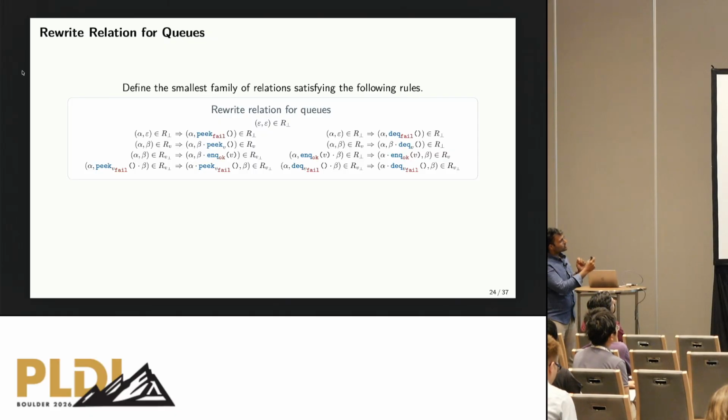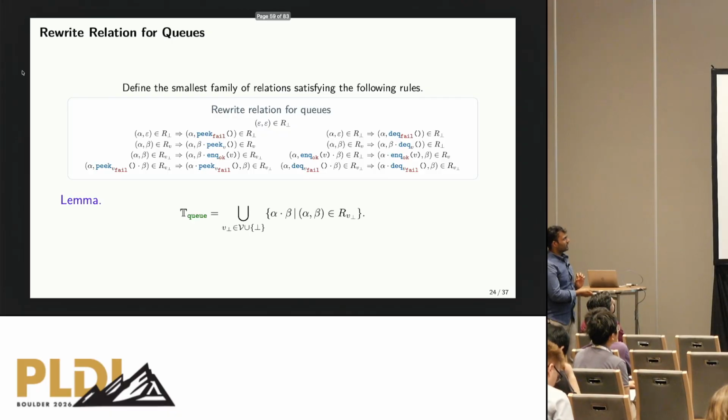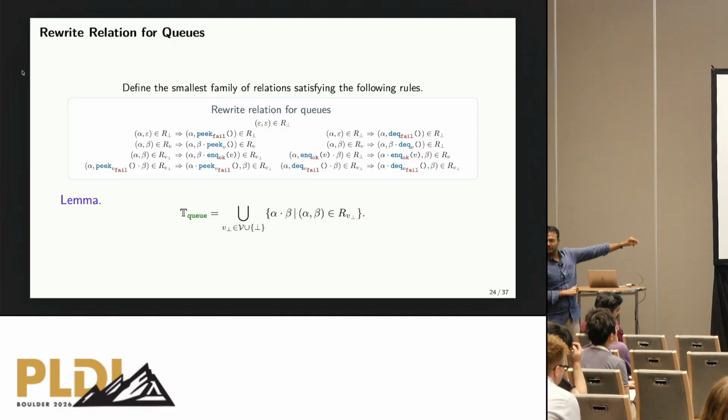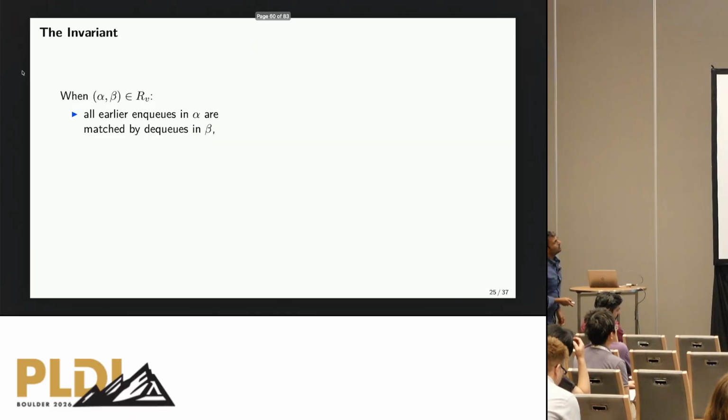R is a relation on pairs of sequences, and it roughly represents the same algorithm. And the core lemma is that this rewrite relation is effectively going to give you the Q specification. All right.